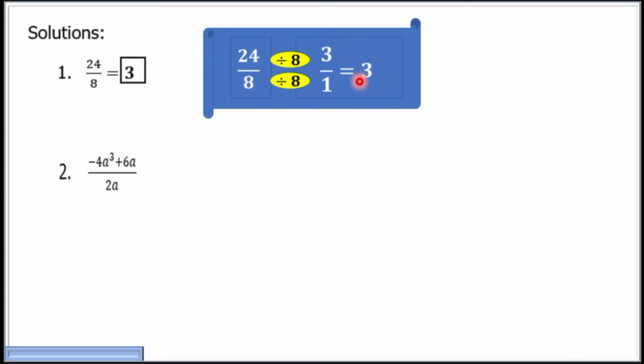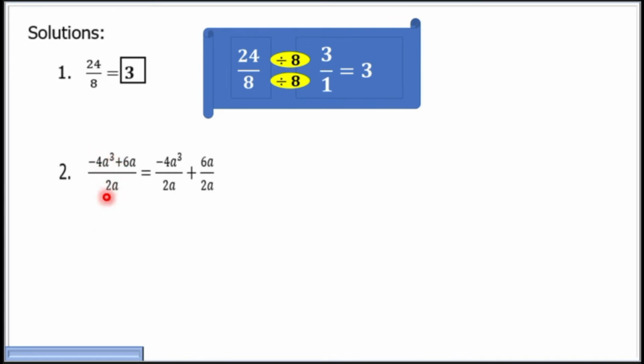Okay, next, negative 4a cubed plus 6a over 2a equals negative 4a cubed over 2a plus 6a over 2a. Remember, the 2a and 2a are the same. Remember that there are 2 terms in the numerator.